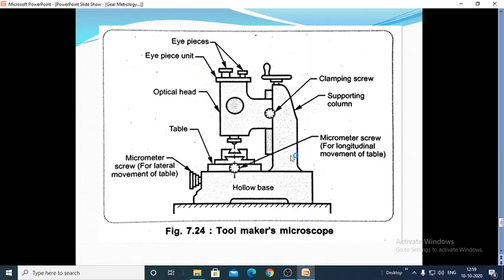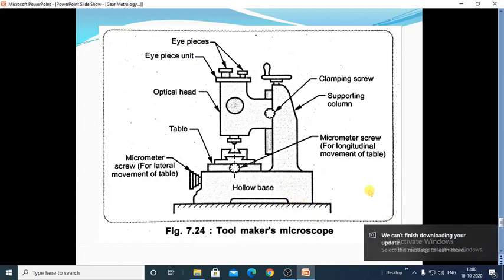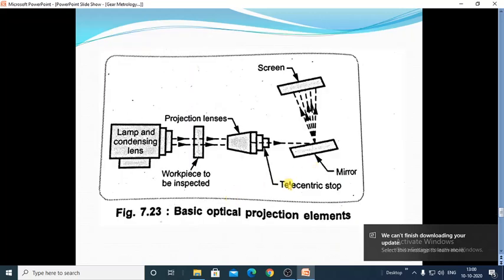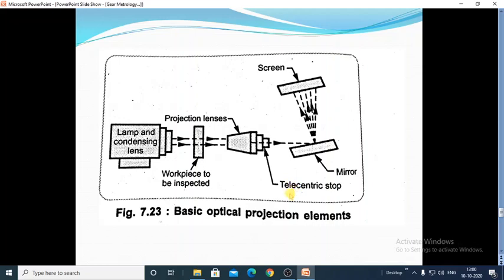Let us see where this tool maker's microscope is used. It is used for the measurement of flank angle of screw threads, comparison of master profiles, and also measurement of pitch and effective diameter. And the profile projector is used for the inspection of form tools, profile gauges, press tools, gear teeth, gear hubs, screw teeth, thread gauges, and taps.